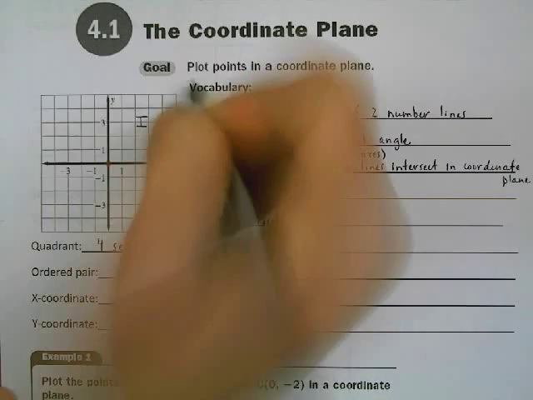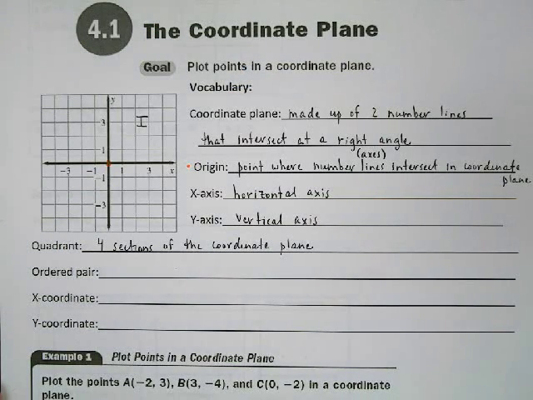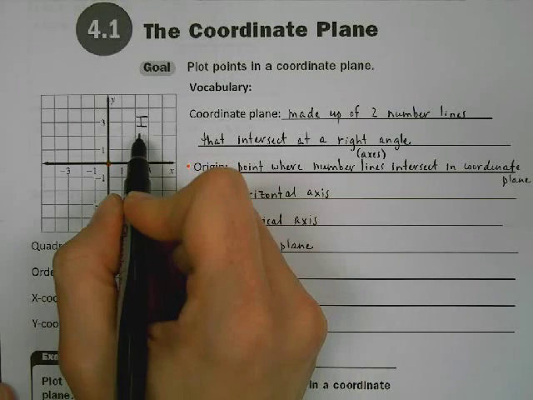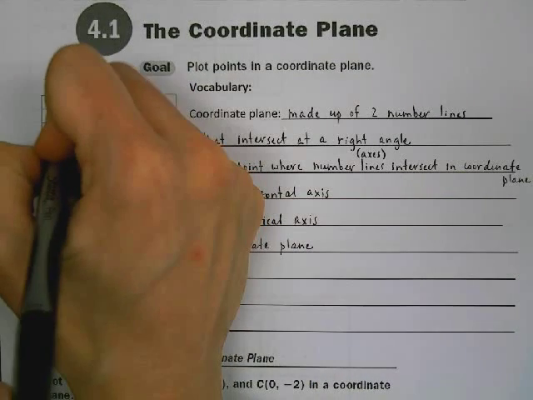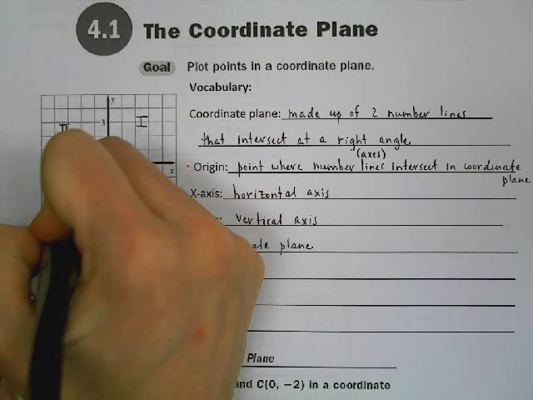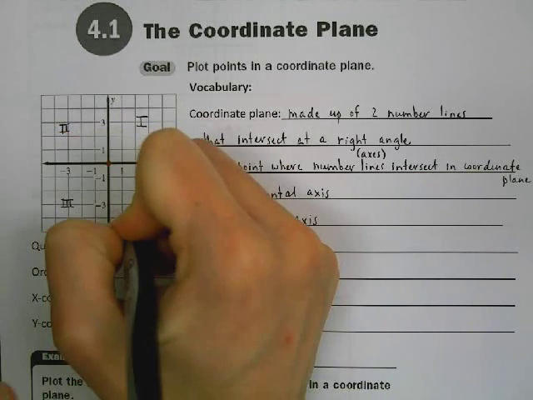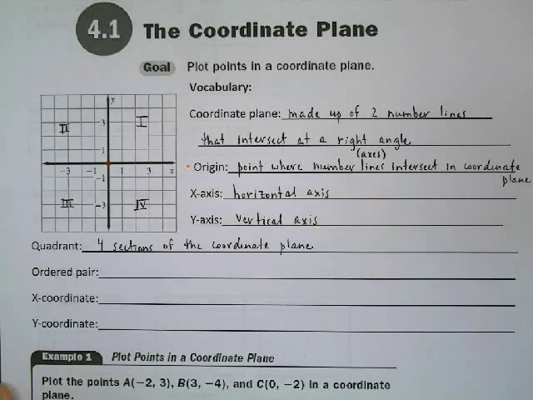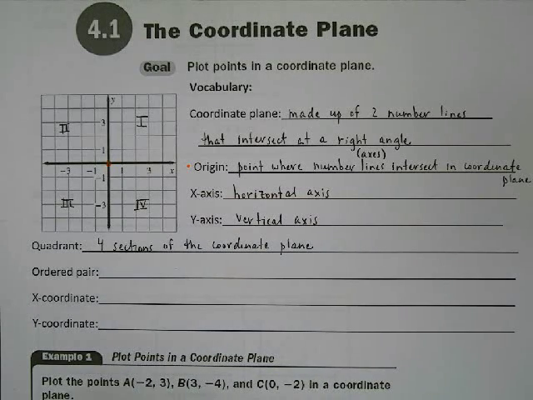This is quadrant 1, and I'm using Roman numerals here. Then we go in a counterclockwise direction. So I have quadrant 1, this is quadrant 2, quadrant 3, and then quadrant 4. Those are our four quadrants, and a lot of times we'll use those to describe where points are located in the coordinate plane.